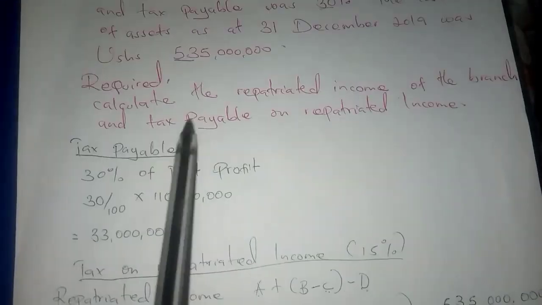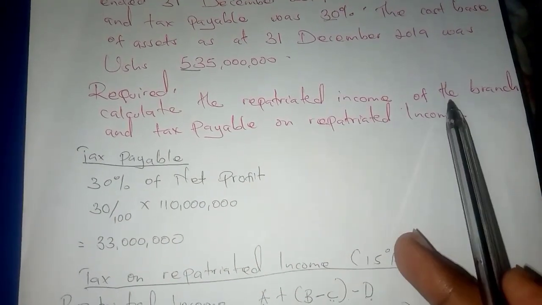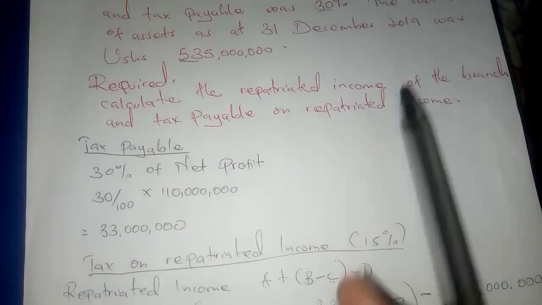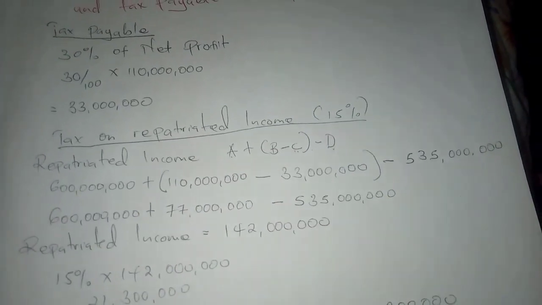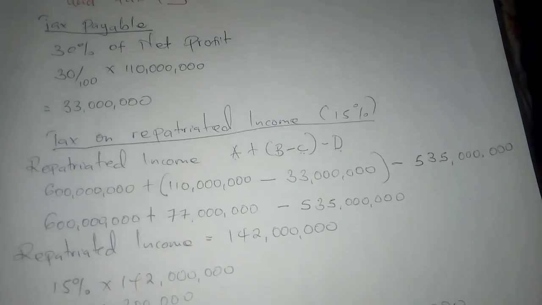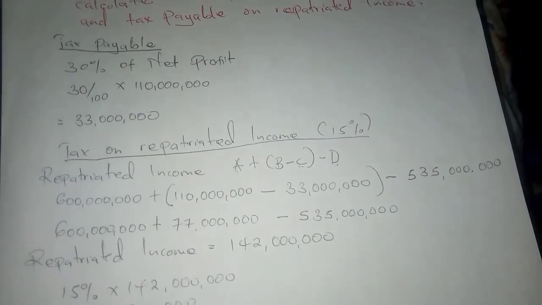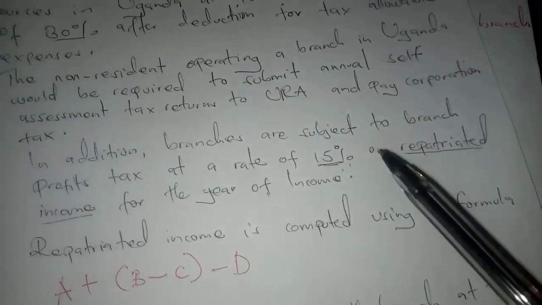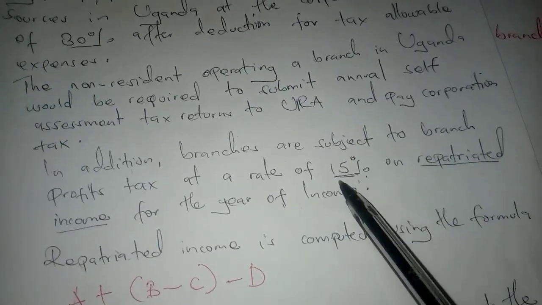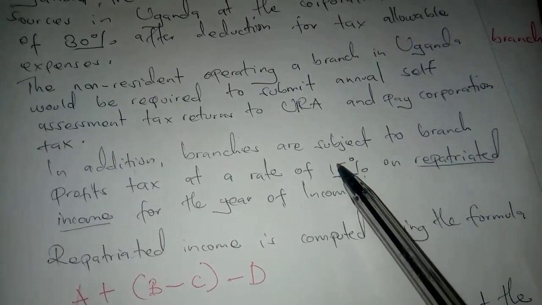But they told us to calculate the repatriated income of the branch and the tax payable on repatriated income. So here is the repatriated income, and we need the tax payable on repatriated income. According to our notes, the tax rate on repatriated income is 15%.